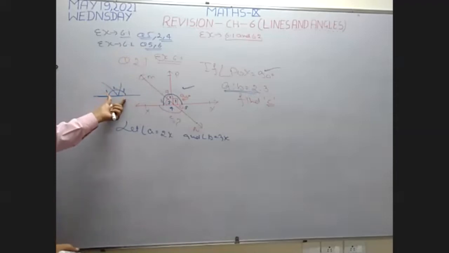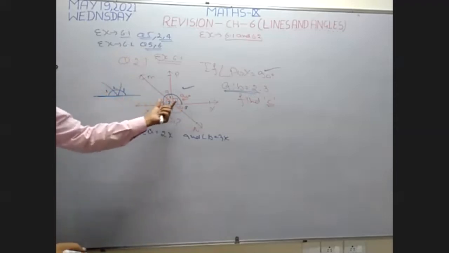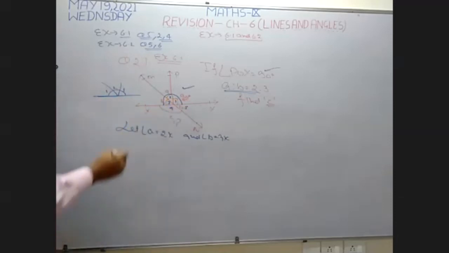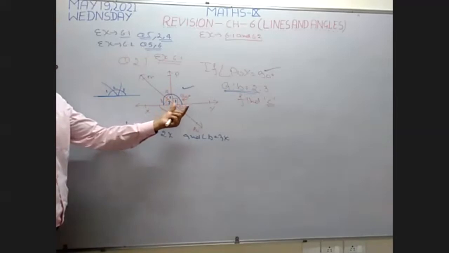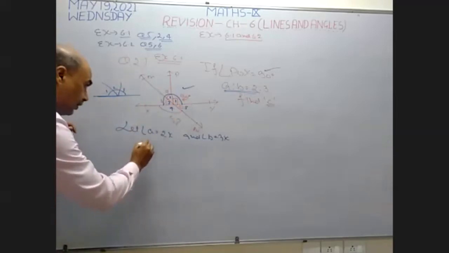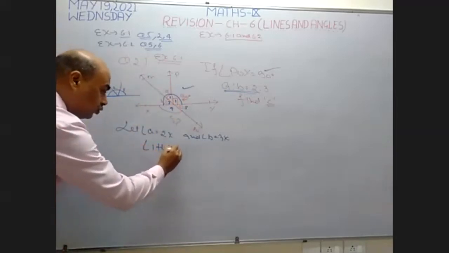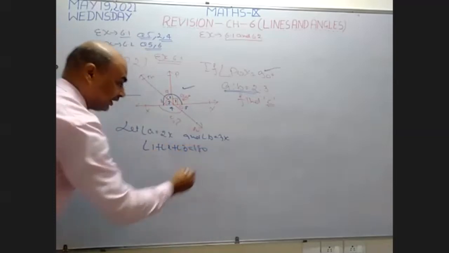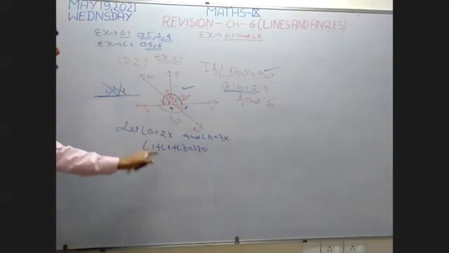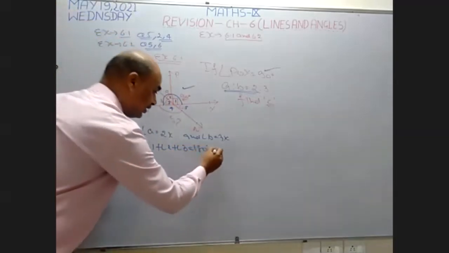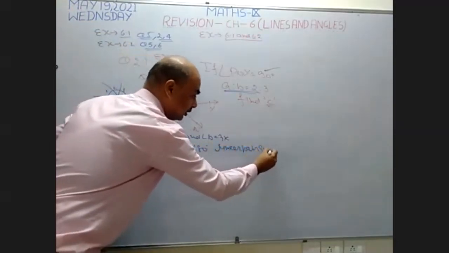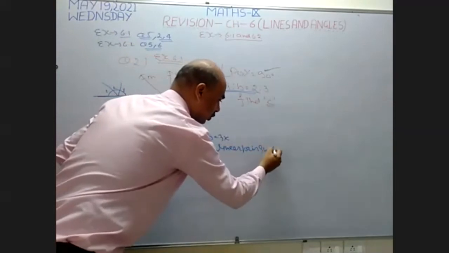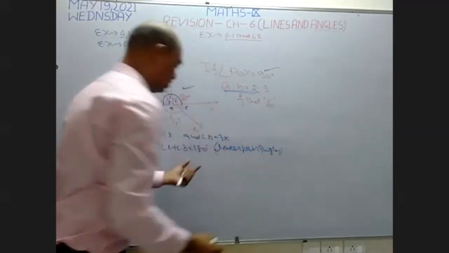And the linear pair angle sum is equal to 180 degrees, because you know the value of a straight angle is 180 degrees. So the sum of all the three angles is equal to 180 degrees. So angle 1 plus angle 2 plus angle 3 equals 180 degrees. Reason: linear pair angles, because you know the sum of linear pair angles is equal to 180 degrees.